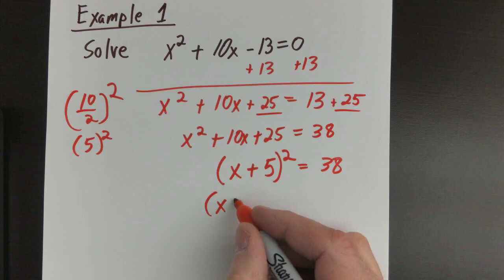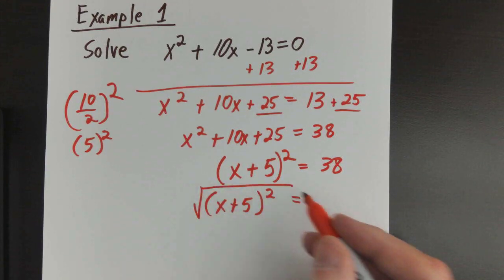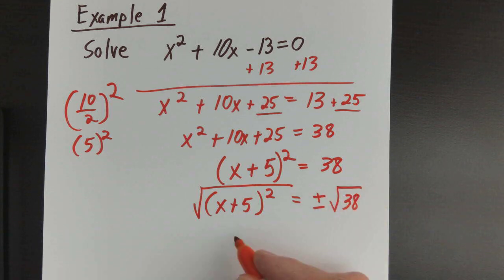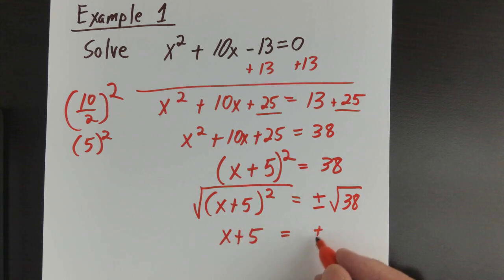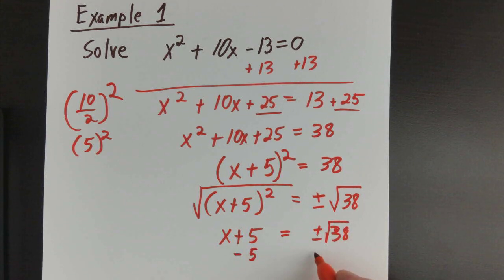If I take the square root of both sides, I have a positive and a negative square root that we need to account for. I get x plus 5 equals plus or minus the square root of 38. The square and square root cancel out, and then I subtract 5 from both sides, and I have x equals negative 5 plus or minus the square root of 38.